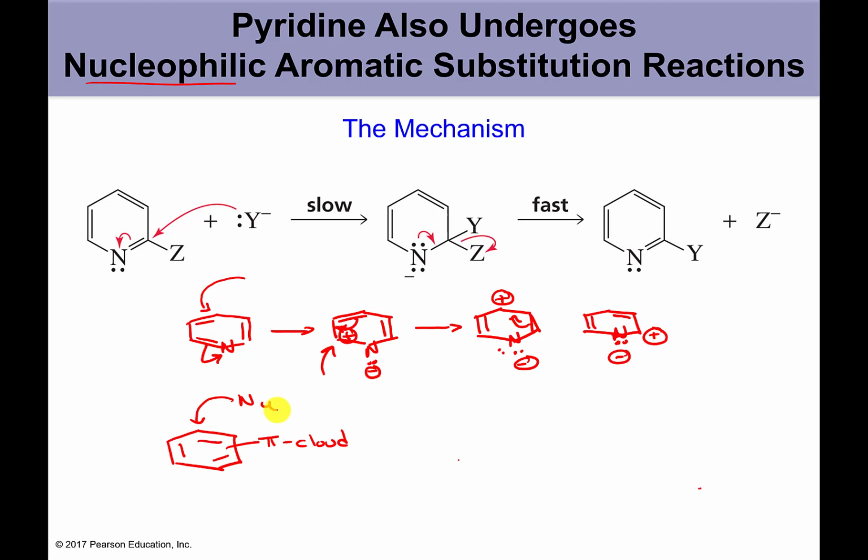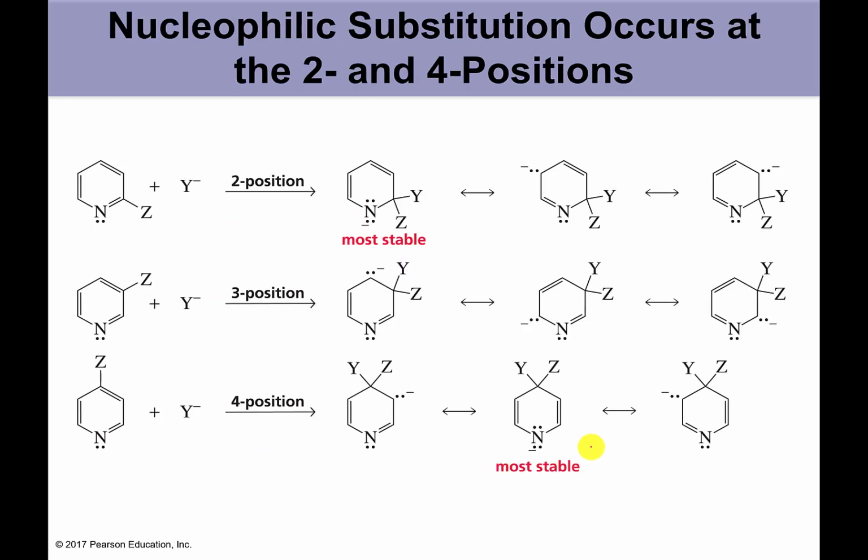But putting the nitrogen in the ring for pyridine, for example, or a nitro group outside of the ring, these are strong electron withdrawing groups. So we can have nucleophilic attack take place, even though it's partially blocked by a pi electron cloud. The more electron withdrawing groups you put on the ring or in the ring, ortho and para to the leaving group, the faster the reaction will take place.